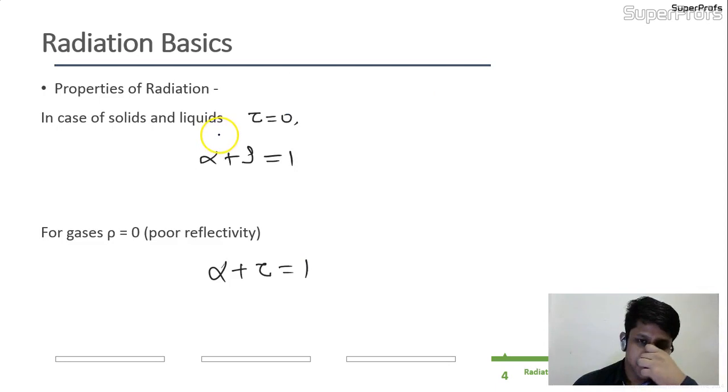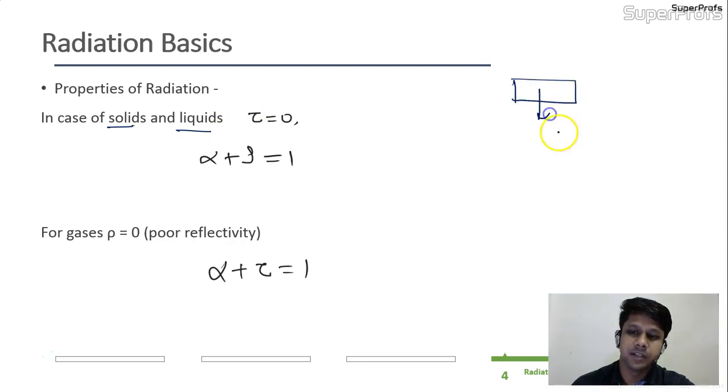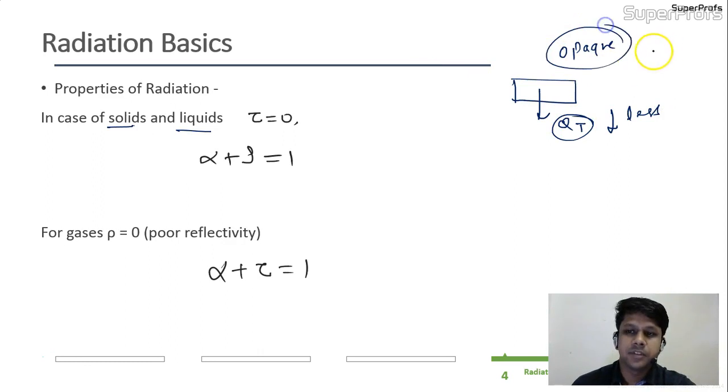Now let's see the different kinds of bodies in heat transfer. In case of solids and liquids, the transmissivity is very less. These kinds of bodies are known as opaque bodies, in which the transmissivity tau is very less or tends to 0. So we consider that in case of solids and liquids, tau is 0.